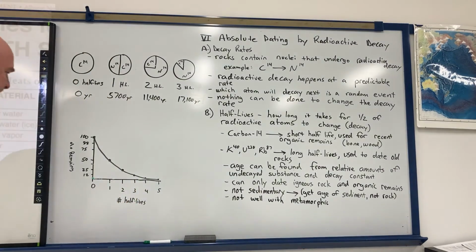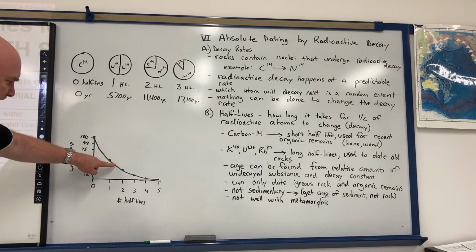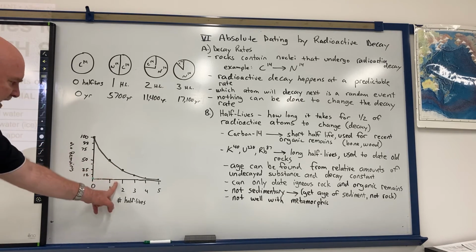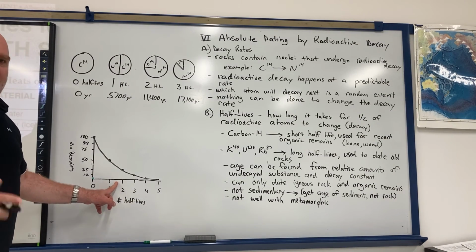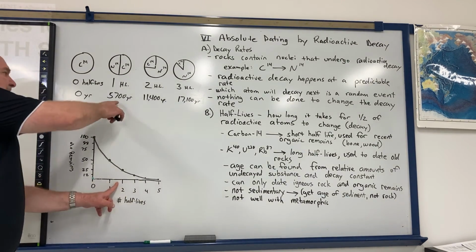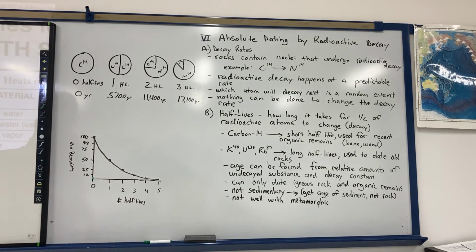I could look up 40 right there, then come over here and then come down, and I might say it took 1.4 half-lives, and then I would do 1.4 times 5,700, and that would give me the age.